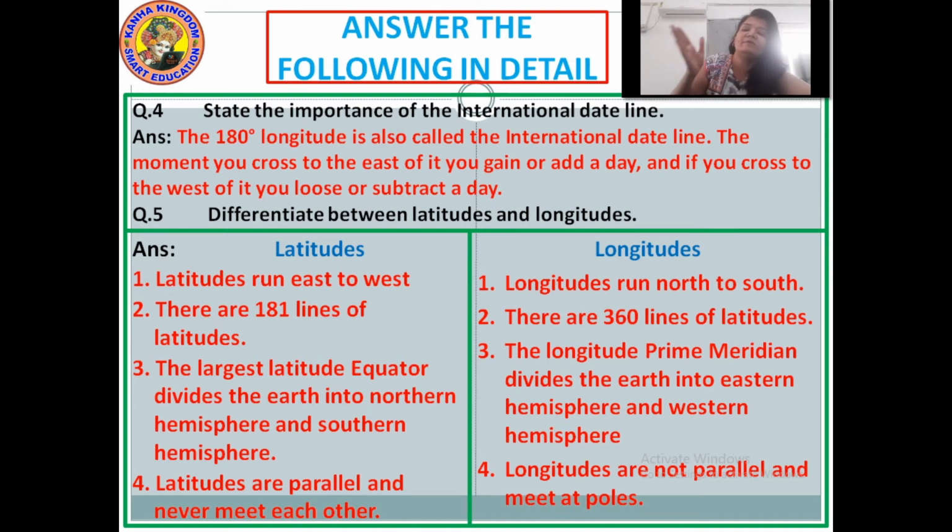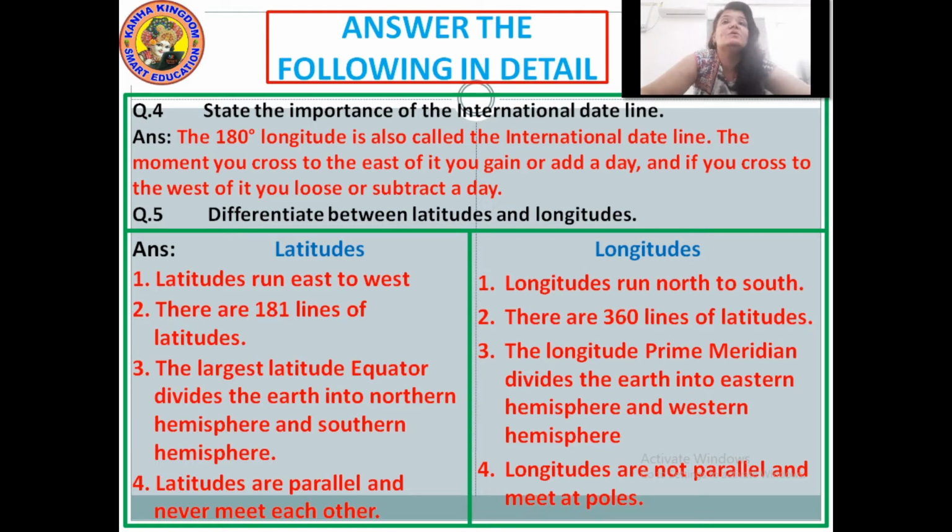If you are traveling on Sunday, and you cross the international date line towards the east, you are now one day ahead, you are now in Monday. And if you cross to the west of it, then you lose, or you have to subtract one day. If you are traveling on Sunday and you cross the west of the international date line, you are one day behind.